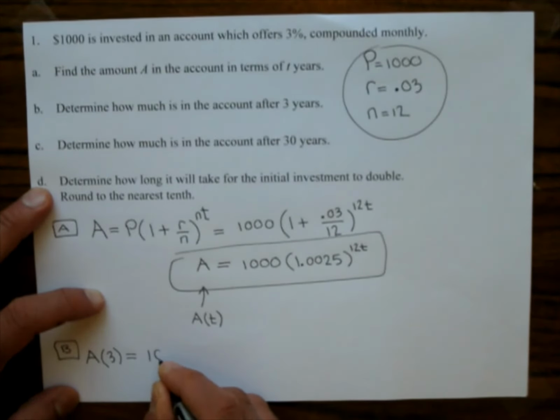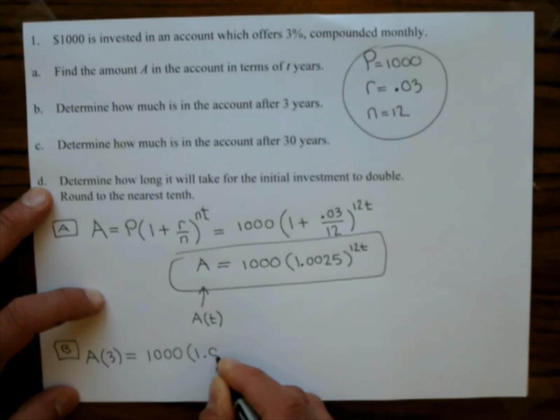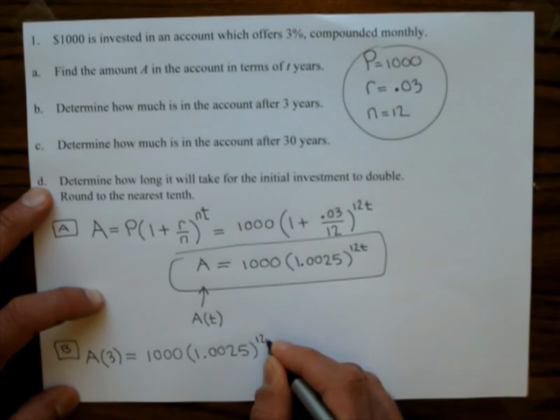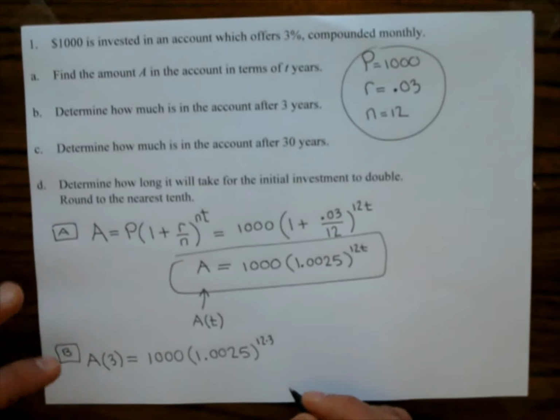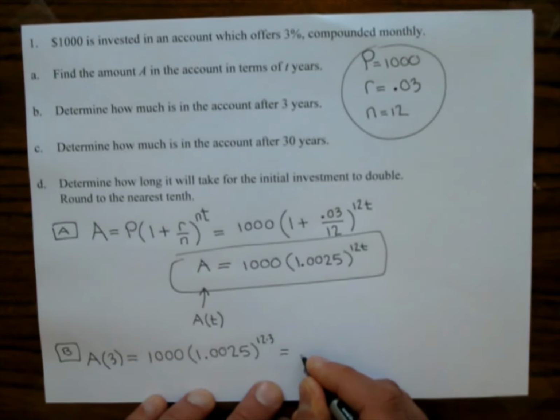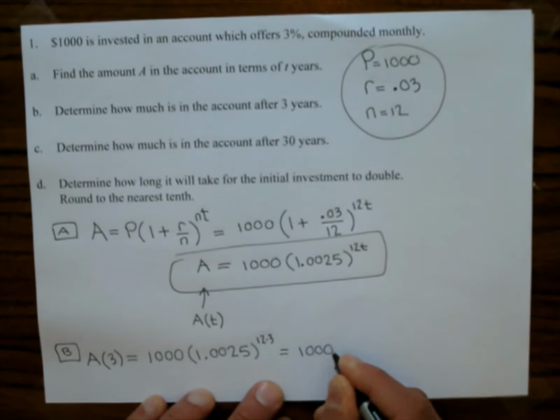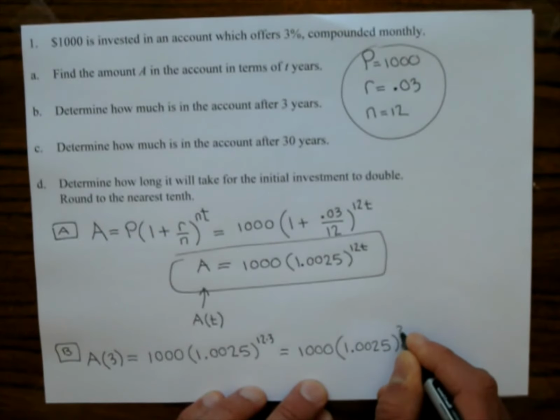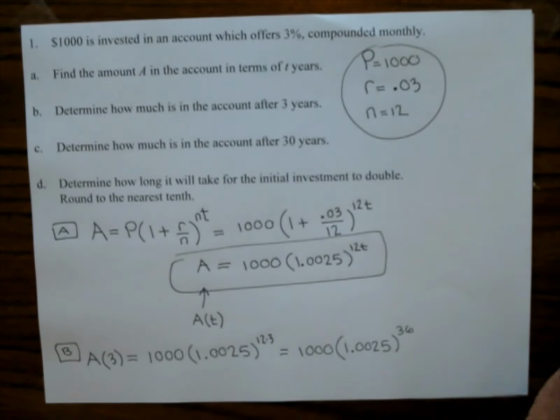This is 1,000 times 1.0025 to the 12 times 3. So in your calculator, you're going to go 1,000 times 1.0025 raised to the 36th power.